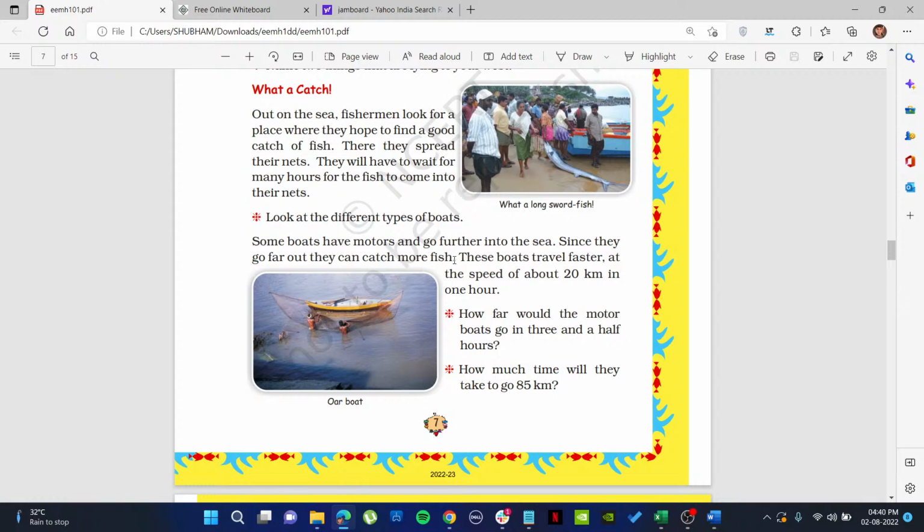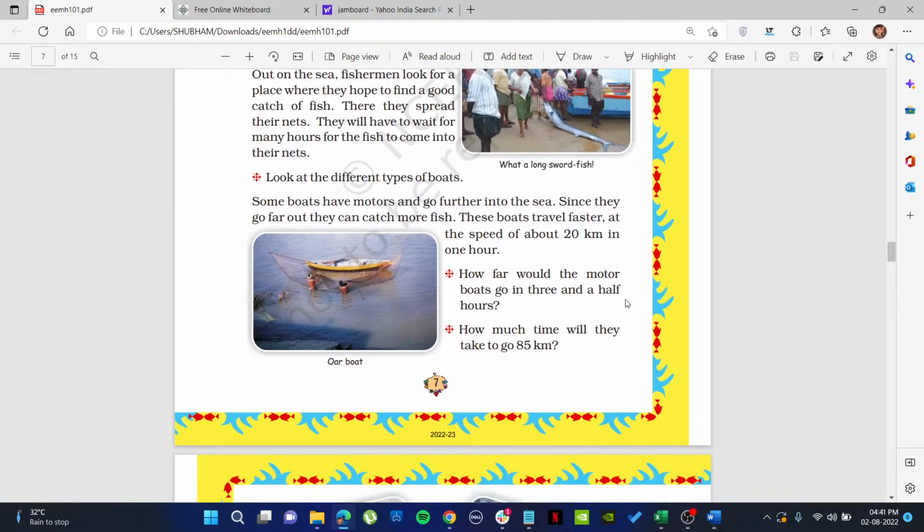The boats which have motors are pretty fast because they have an engine, or we can say a motor, installed on them. Since they go far, motorboats can catch more fish. These boats travel at a speed of about 20 km in 1 hour. So in 1 hour, a motorboat can cover around 20 km, which is a very good distance.